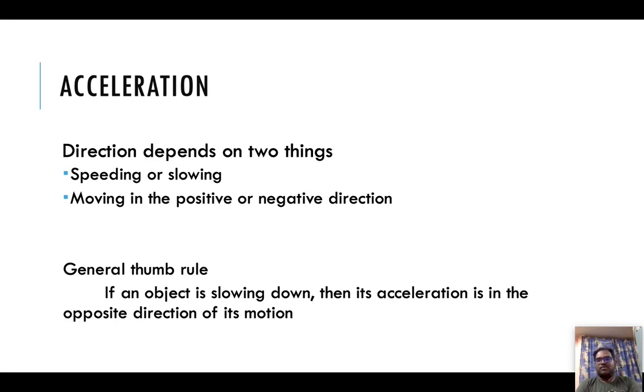Right. So these are the general thumb rules, but the most important takeaway over here is if your object is slowing down, it is termed as negative acceleration, or it is also called deceleration. If this concept is appearing, obviously your acceleration will be taken with a negative sign.